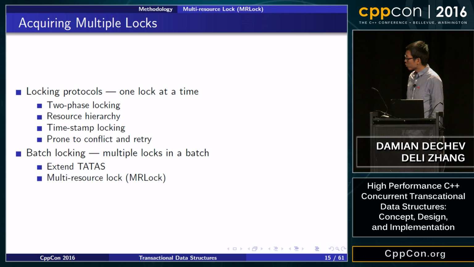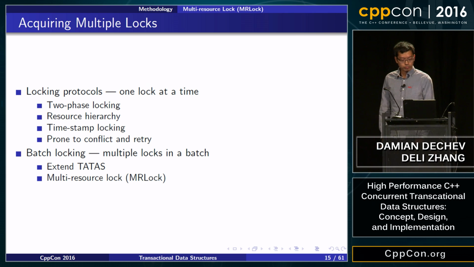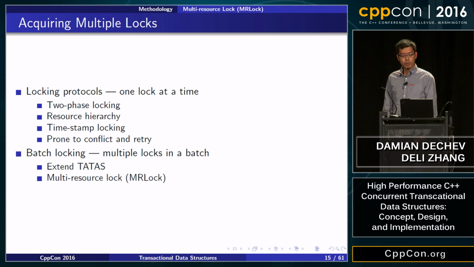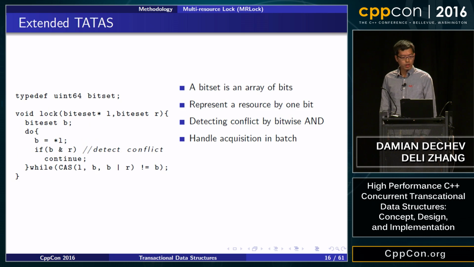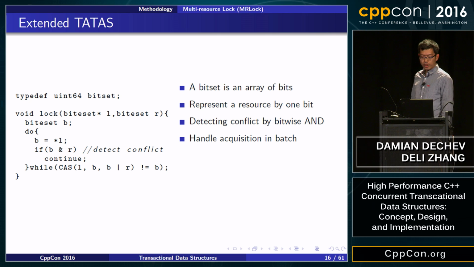So another strategy is to actually acquire multiple locks in a batch, hence batch locking. MRLock is such an example, but before explaining it in detail, I will briefly show you the extended TATAS lock, which is a simplified version of MRLock. Now, in the extended TATAS lock, each thread will encode its resource request in a bit set, and each bit will represent one resource.